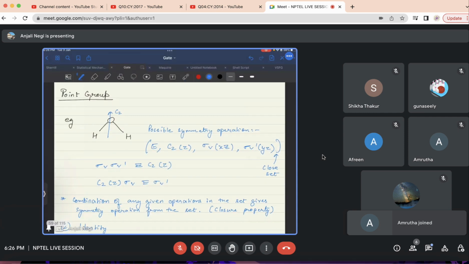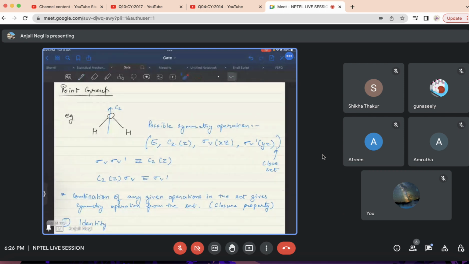Yes, so for point group, if you take one example, for example this water molecule, we have a C2 axis here, and if I write down the possible symmetry operations that I can have for this H2O molecule, then it will be identity and the C2 axis. If I say this one is in the Z direction, I can write it as C2Z. Then sigma V, that is the vertical plane, the mirror plane vertical to my C2 axis.